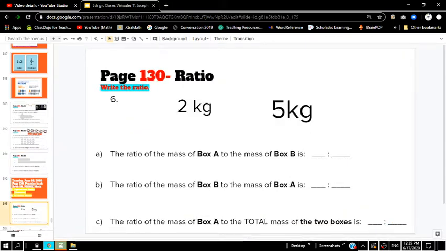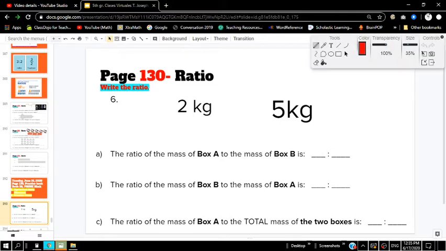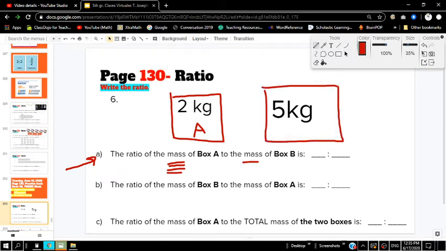We're still going to remember that we need to simplify, but we also need to understand that sometimes it's going to ask for more information. All right, so let's look at the next problem, number 6. Number 6 says, what is the ratio of the mass, which is kind of like weight, of box A, which is 2 kilograms, to the mass of box B, which is 5 kilograms?